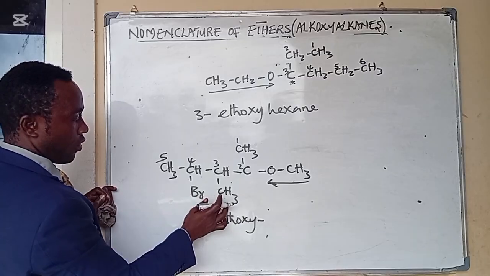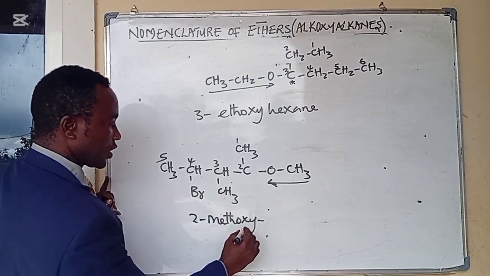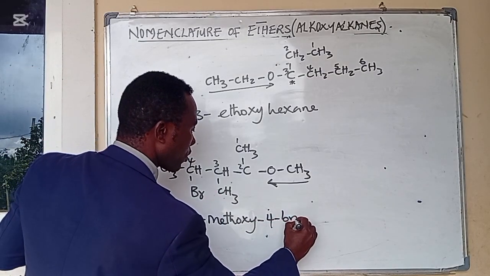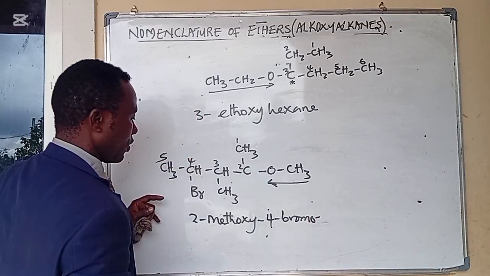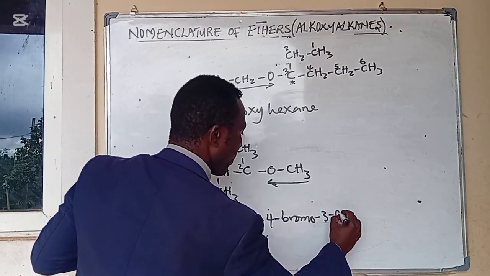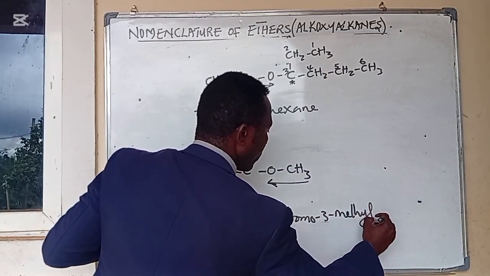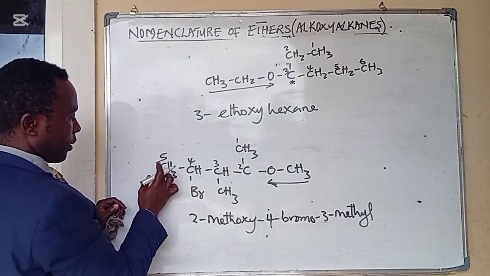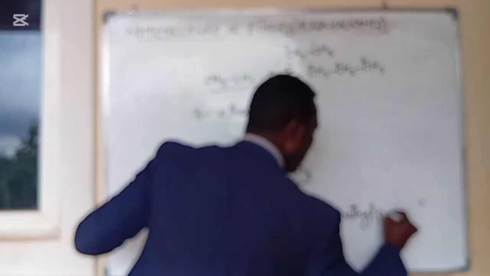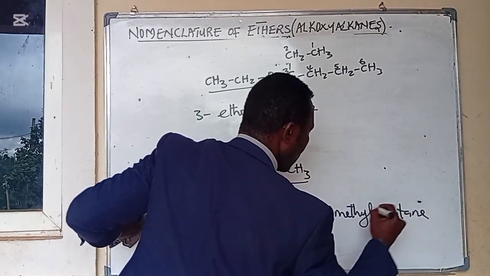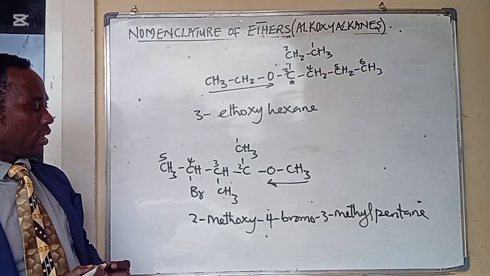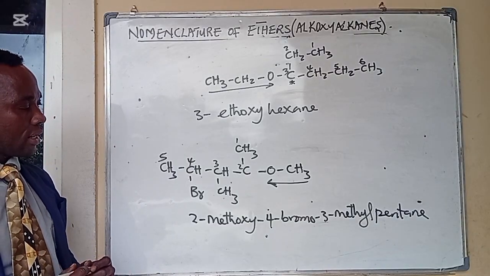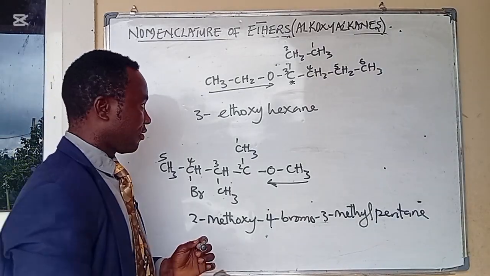We name B before M: so it's 4-bromo, then you have 3-methyl. What is the longest carbon chain? 5, which is pentane. So the compound is 2-methoxy-4-bromo-3-methylpentane.